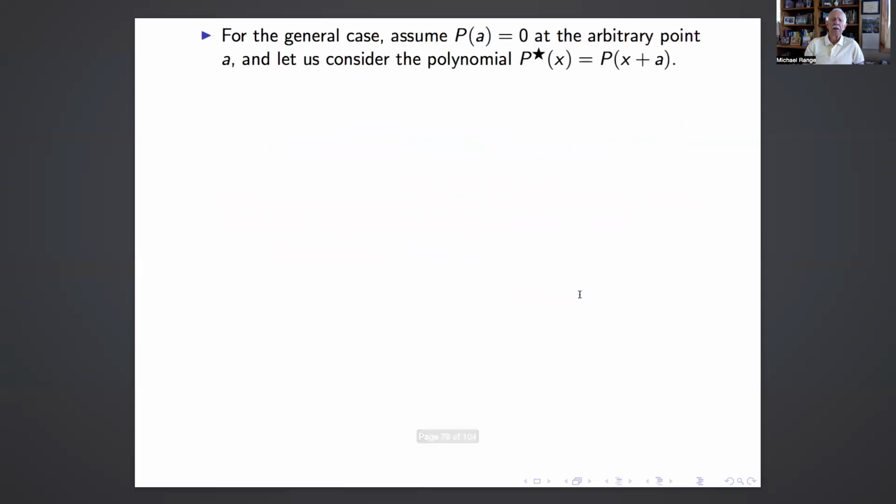Now, for the general case, we assume that p has a 0 at the arbitrary point a, and we introduce a different kind of polynomial defined by p star at the point x equals the original polynomial that we're considering at x plus a.